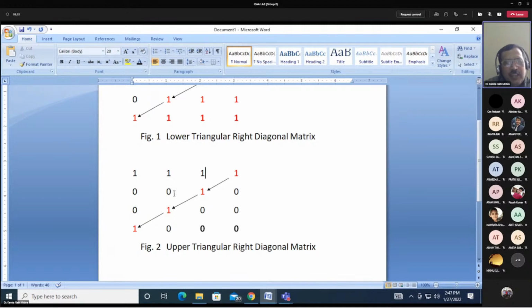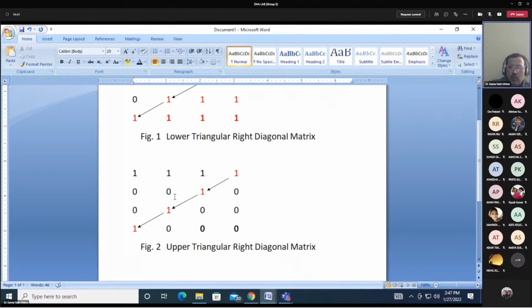It means that in the first row, A00 to A0(n minus 1). Here n represents the size of your matrix, the number of rows and columns. A00, A01, A02, A03. If n is 4, it means a 4 cross 4 matrix. So from A00 to A03, all the values will be non-zero.